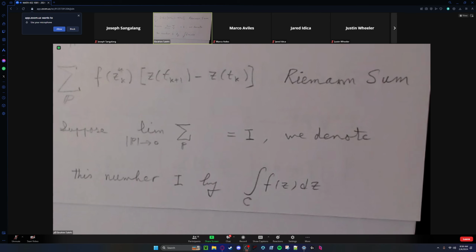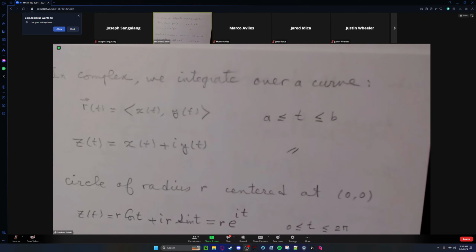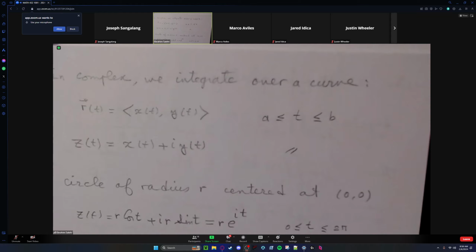So now, of course, the question is, how do we calculate these things? Well, I'm going to talk about practicality. This was the theory, how the complex integration is defined.